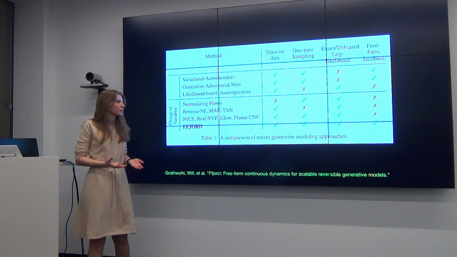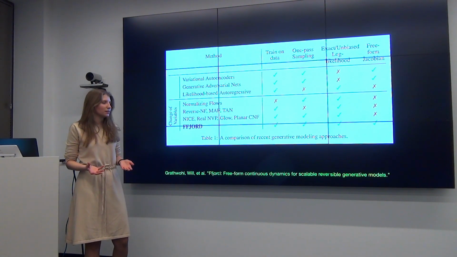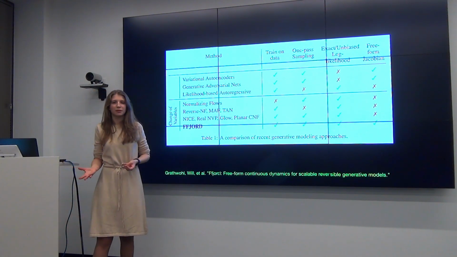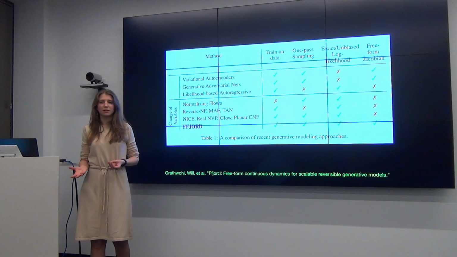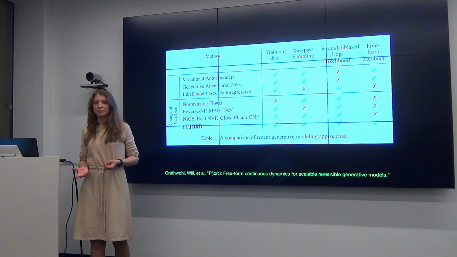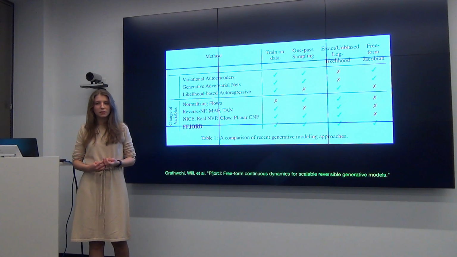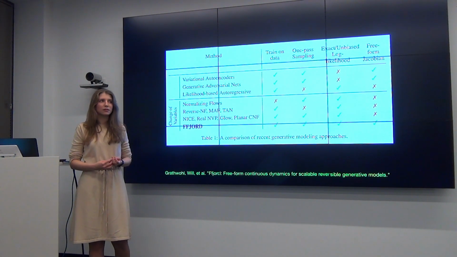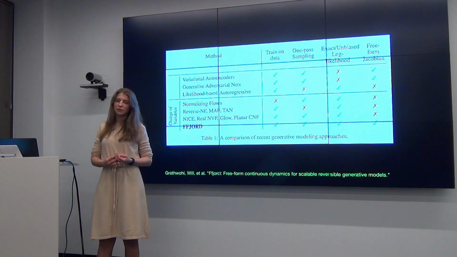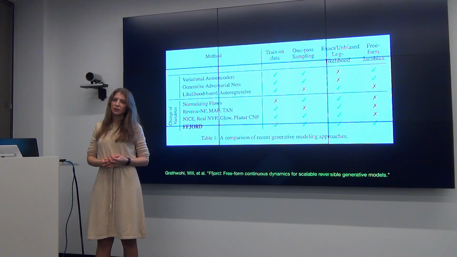Could you repeat why dependence on Z is bad? Well, imagine how you sample using the normalizing flow. You sample from the normal distribution and transform this sample. And how does the density transform?